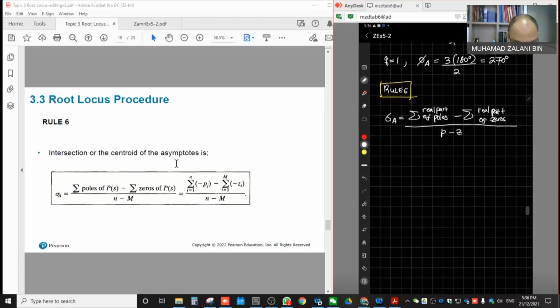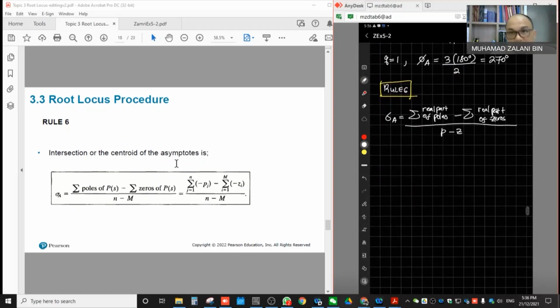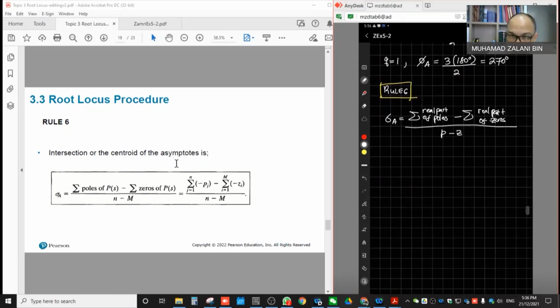That is the equation for rule number 6, to find the centroid.